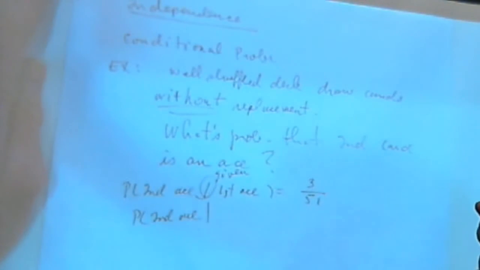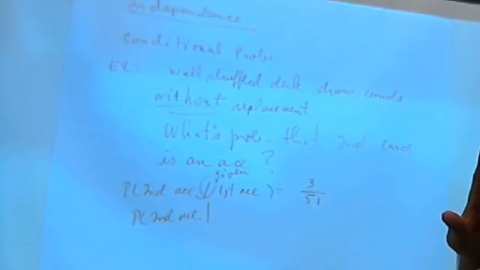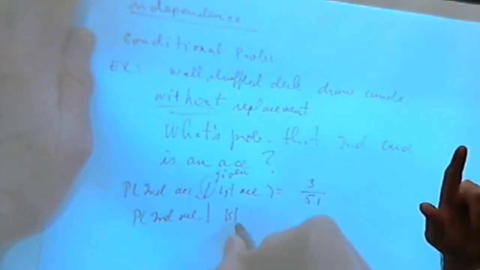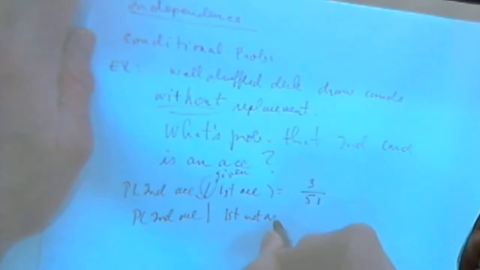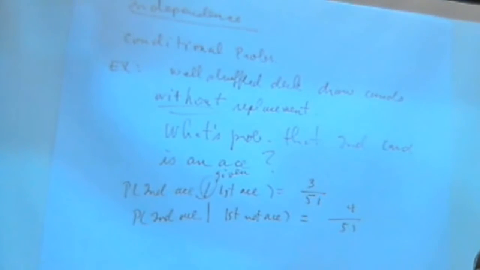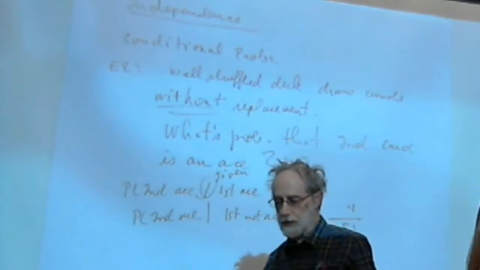This bar is pronounced 'given', it's never pronounced 'bar'. Those are conditional probabilities. So your mind actually thinks in conditional probabilities on this problem. To me, those are probabilities that are easy to get.